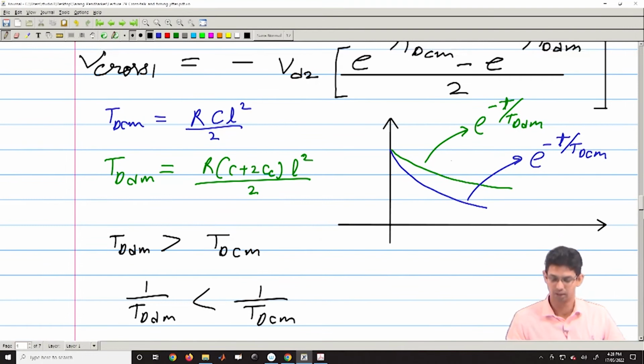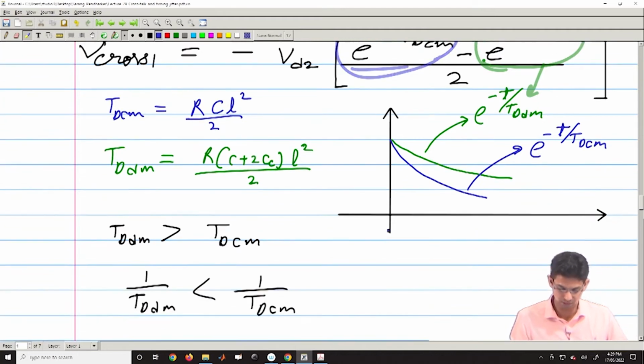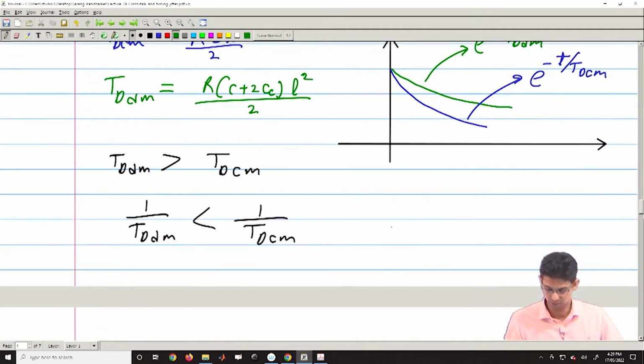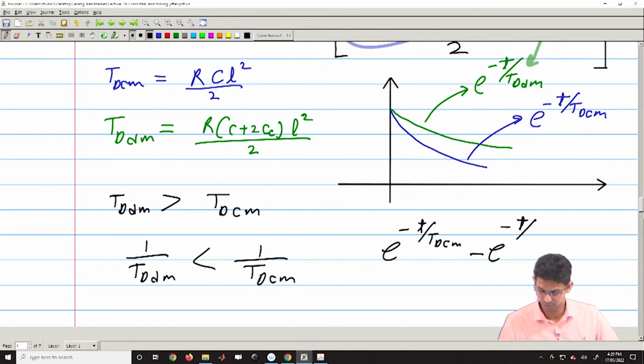So, this term here would be attenuating slower than this term here, and as a result what we will get is that e to the power minus T by T D C M minus e to the power minus T divided by T D D M will be negative.